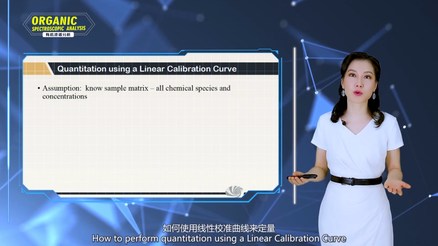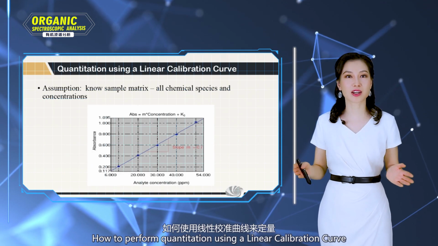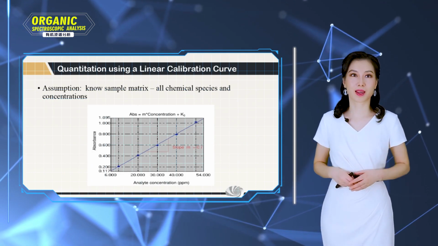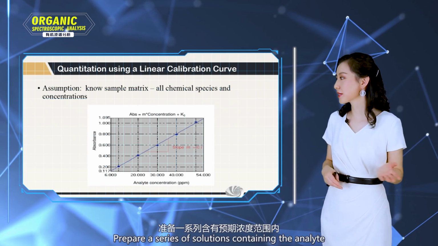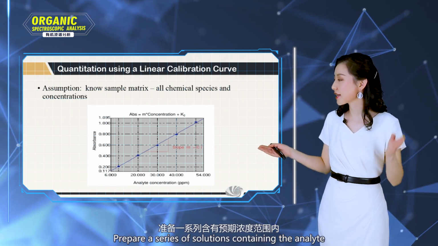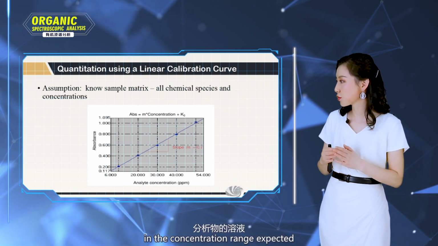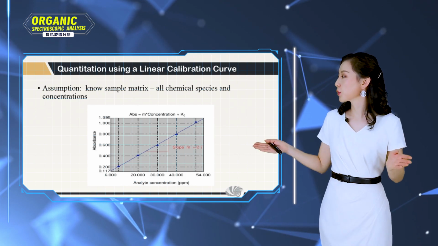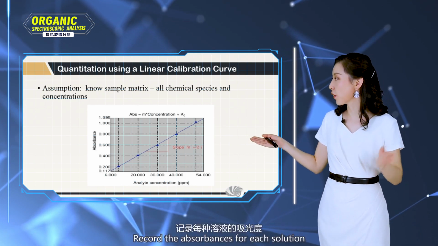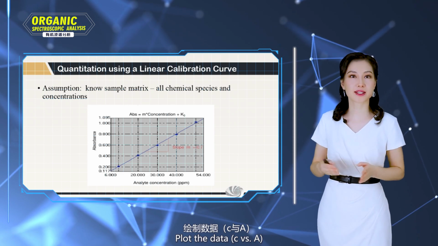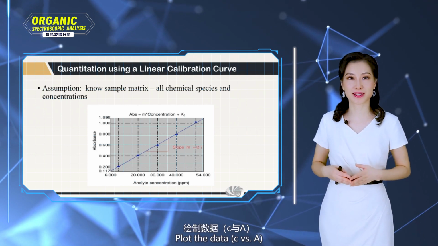How to perform quantitation using a linear calibration curve. Prepare a series of solutions containing the analyte in the concentration range expected. Record the absorbances for each solution. Plot the absorbance versus concentration.